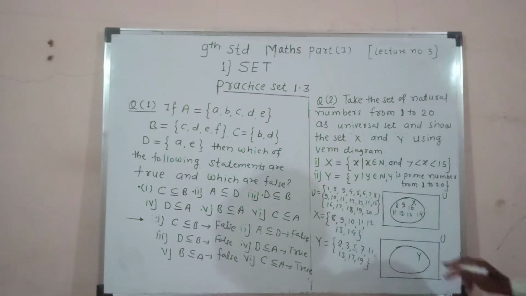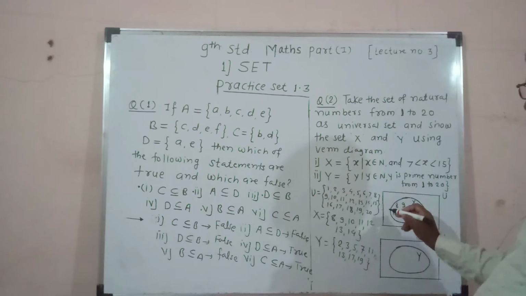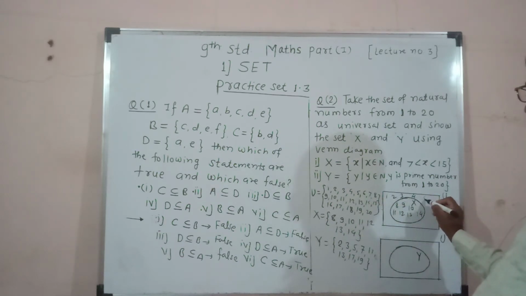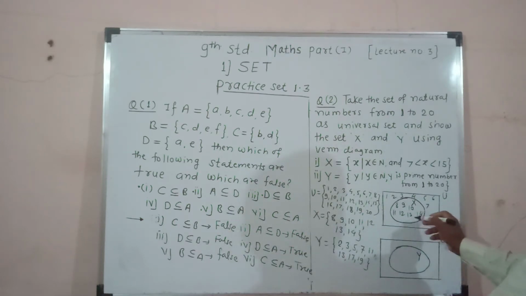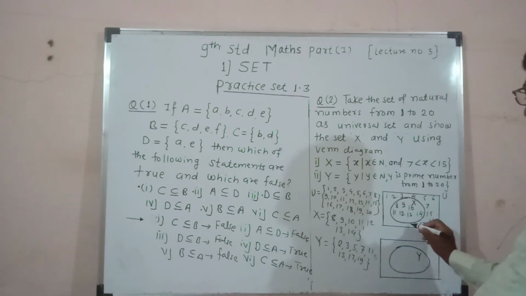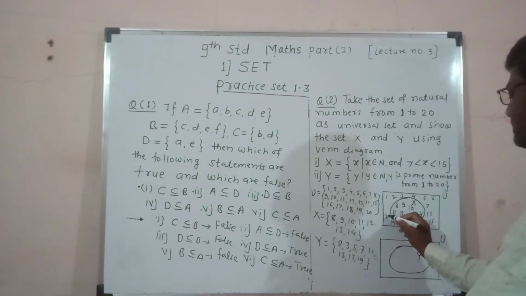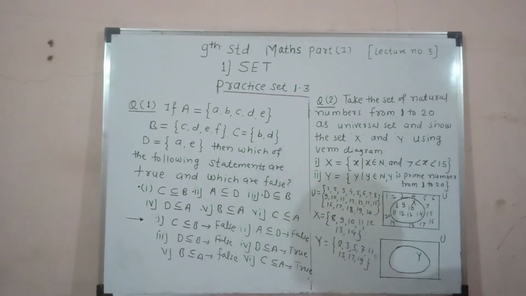The remaining elements from 1 to 20 are written outside the circle: 1, 2, 3, 4, 5, 6, 7, then 15, 16, 17, 18, 19 and 20. In this way we can represent this set by a Venn diagram.